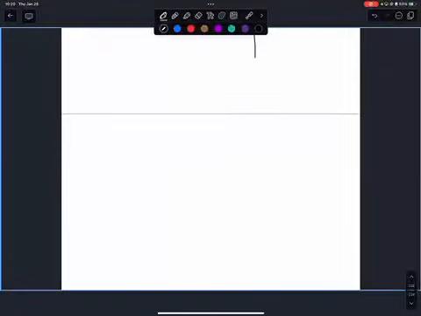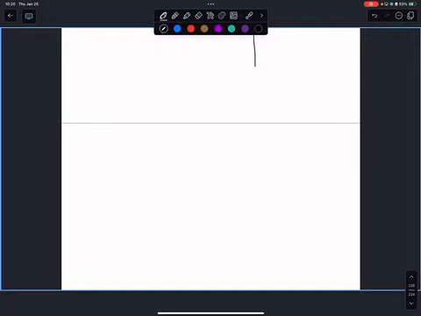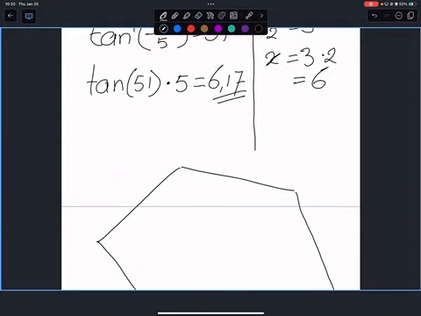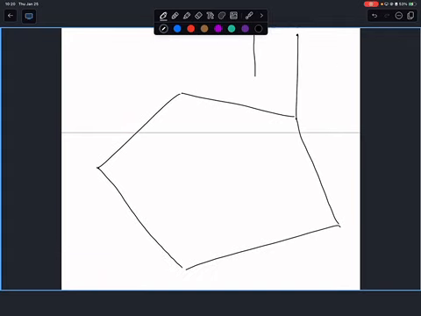If you remember correctly, there was this specific exercise on the test. It was something like this, with a pole. And then it said there was an angle of elevation. I think it was like a park or something.